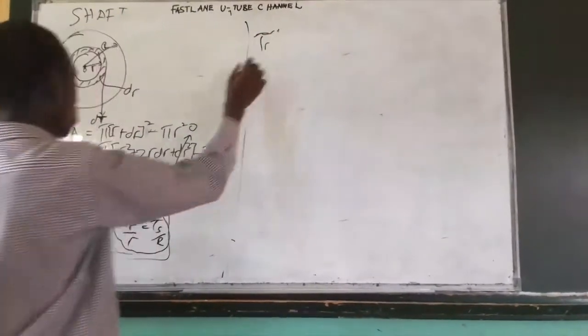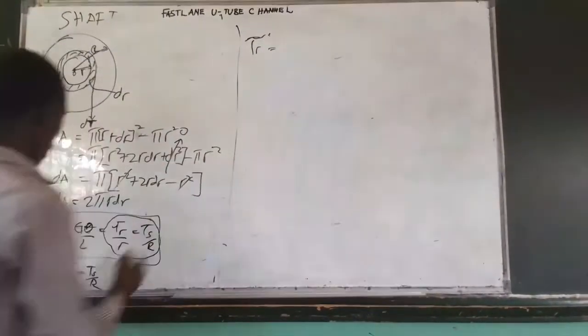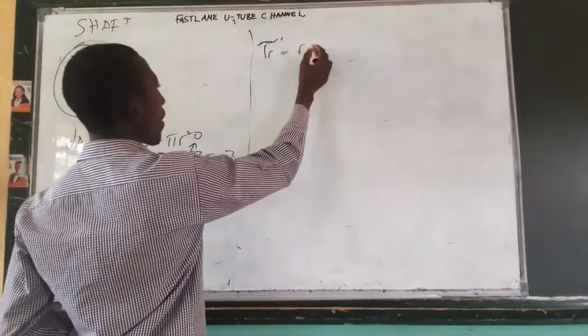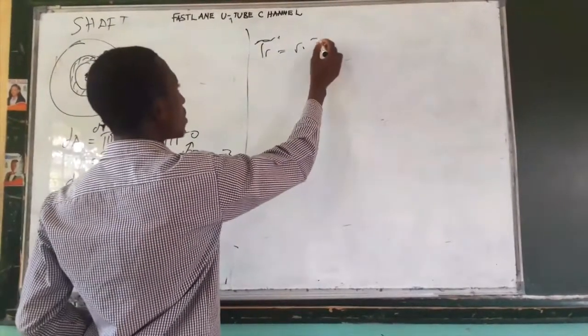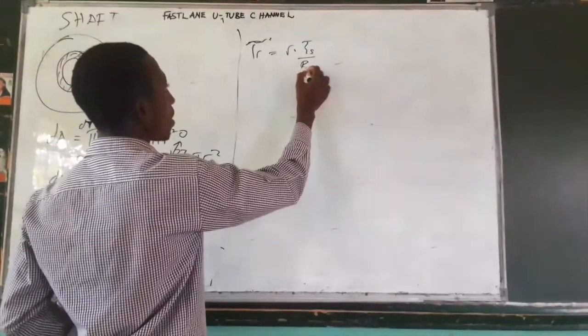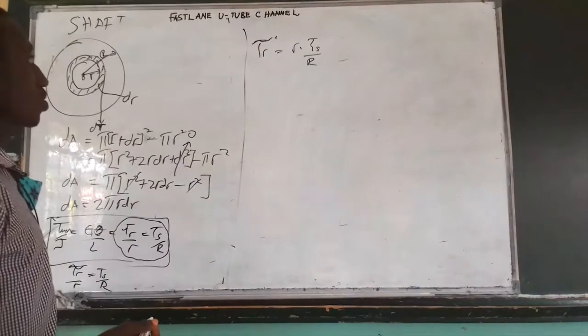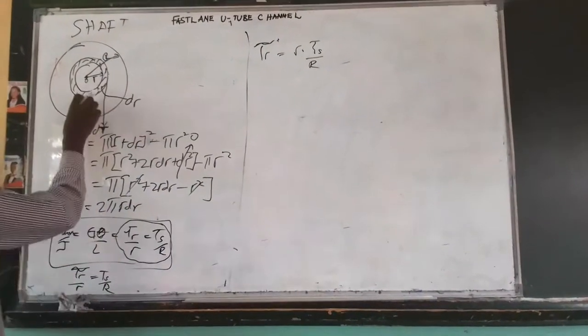We make the tangential stress at a distance r the subject, which is r times the tangential stress at the surface over R. This is equation 1.